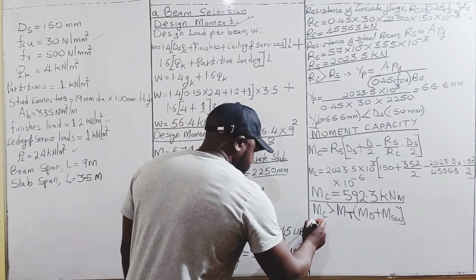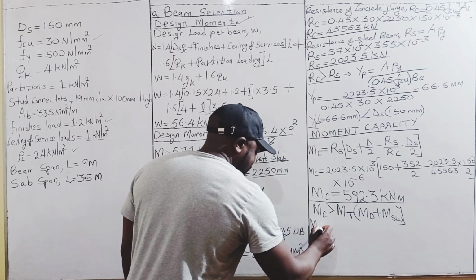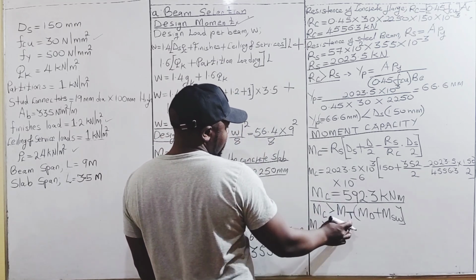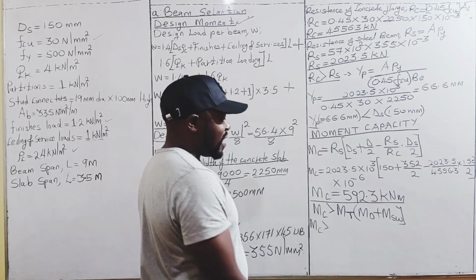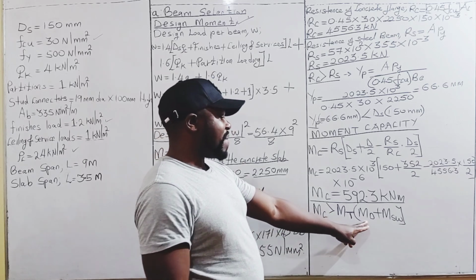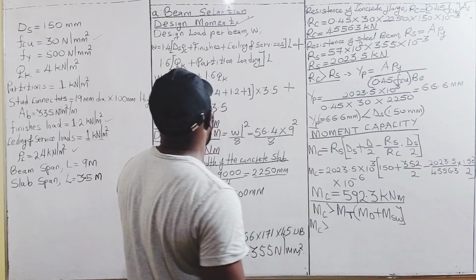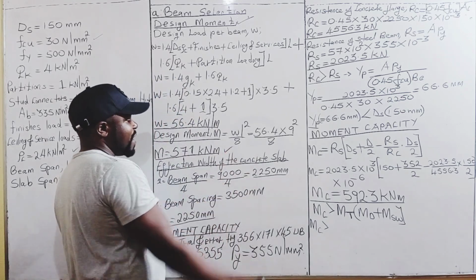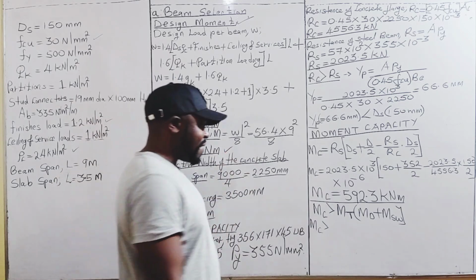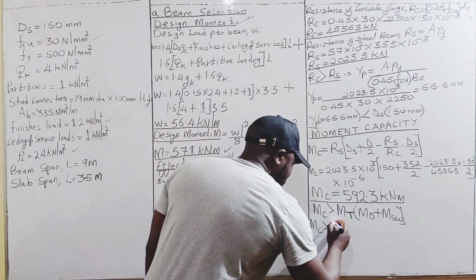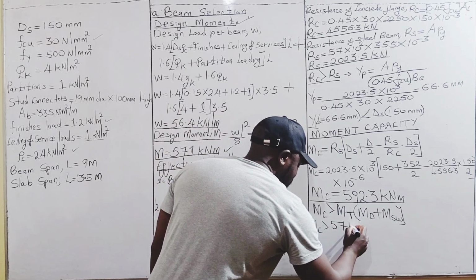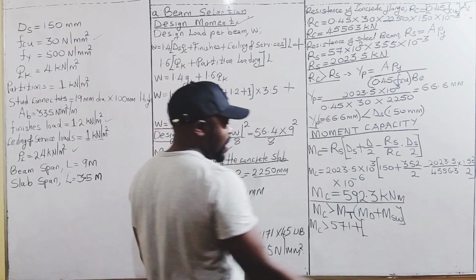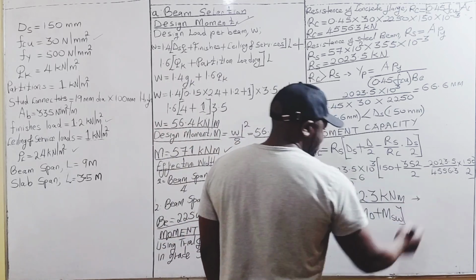Therefore, moment capacity will be greater than the total moment, and in this case total moment will be given by the design moment, and the design moment we had calculated somewhere, that is 571 kilonewton meter. Therefore that will be 571 plus the moment due to self weight, which will be given by this formula.